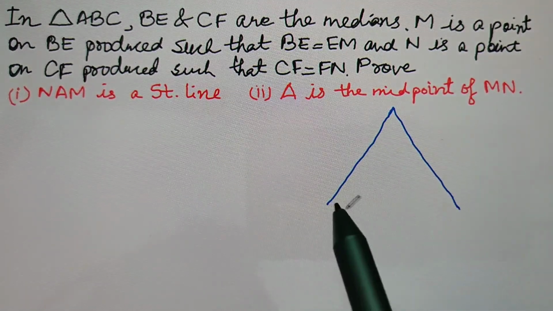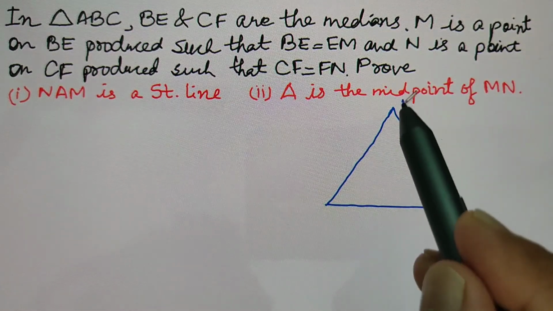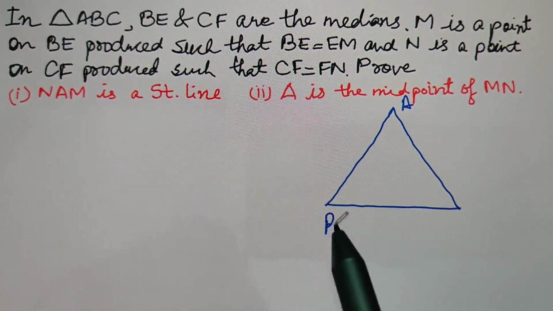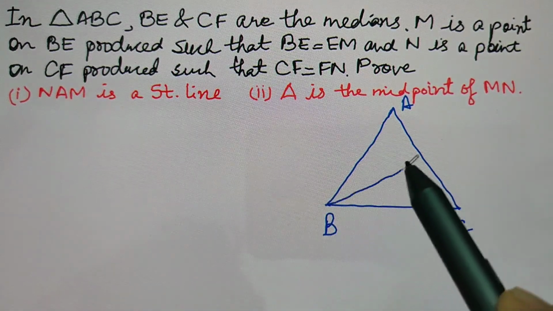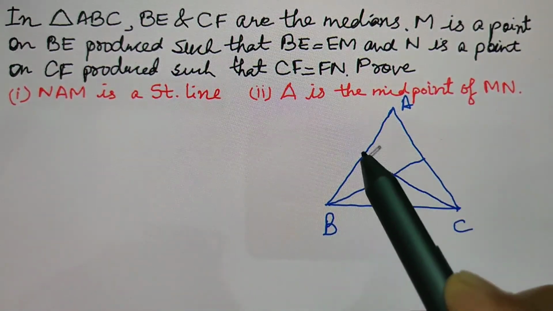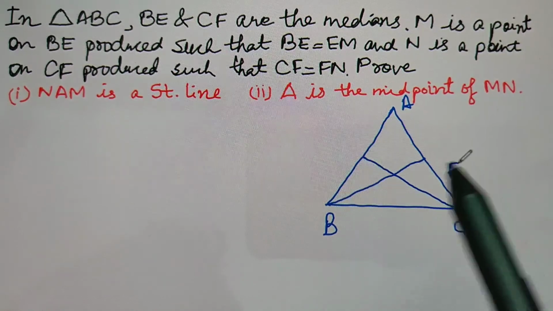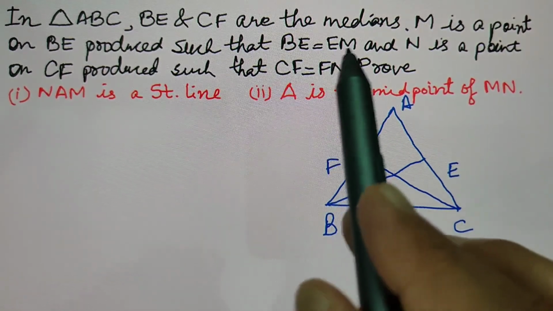Now this is the triangle A, B and C. Then we have BE and CF, the required medians.